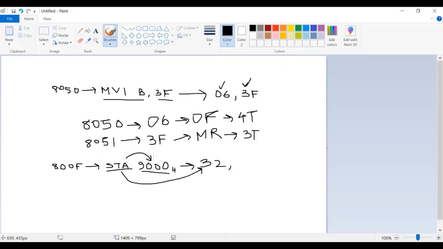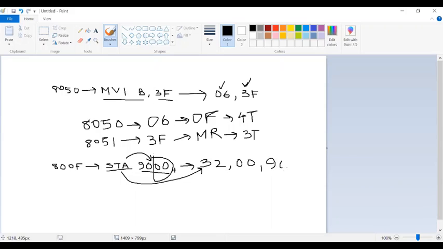So you need to divide this 16-bit number into two 8-bit portions. The lower 8-bit will be processed first, 00. Then you have the upper 8-bit, which is 90.